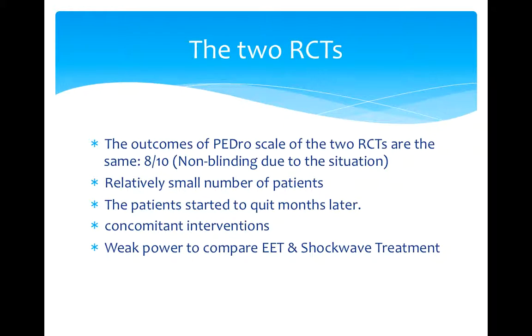Let's move on to the 2 RCTs. The outcomes of the PEDro scale of the two RCTs are the same, which is 8 out of 10. The 2 points they lost are about blinding.